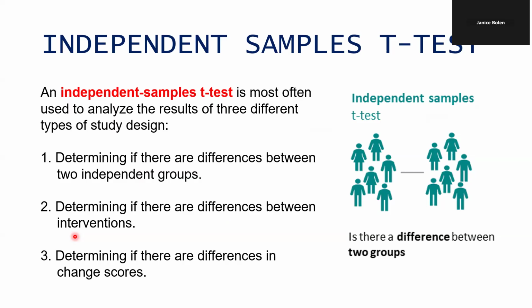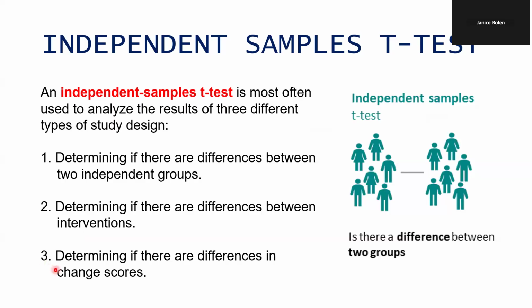You give them a test and then compare their scores in the math test. So the two groups were exposed to two different interventions, and you would want to compare differences in their math score between the two interventions.